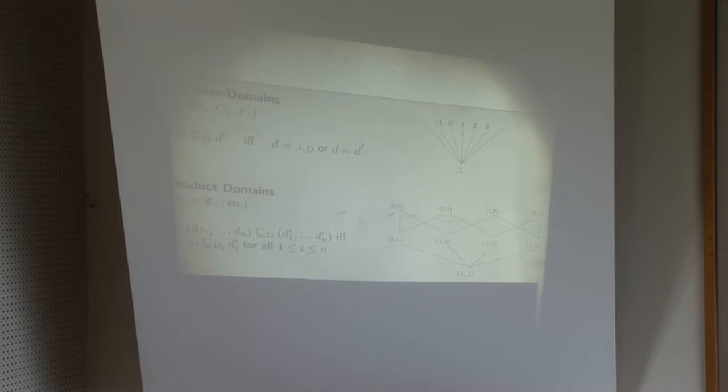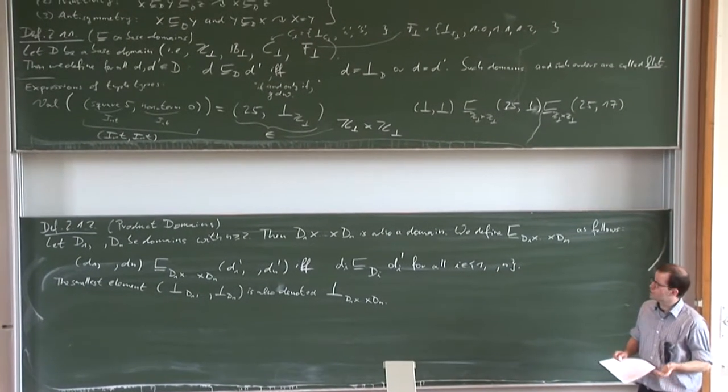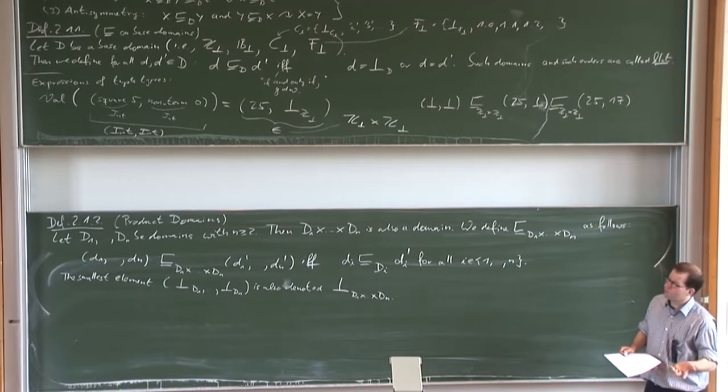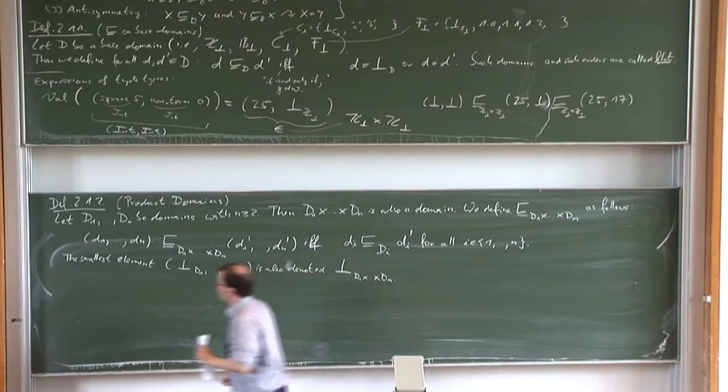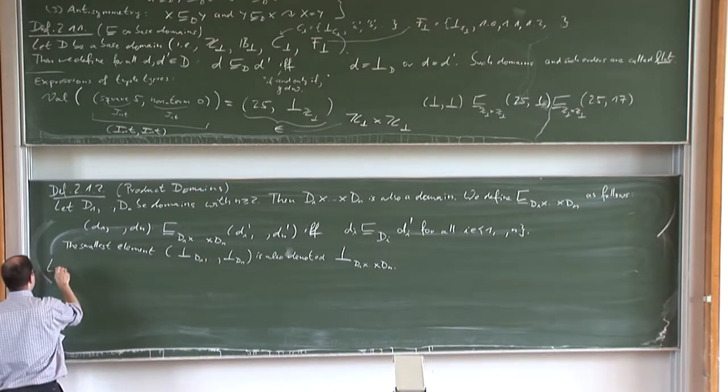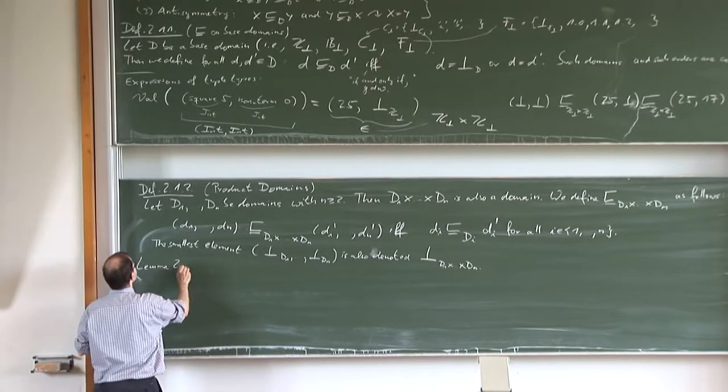Well, we had this nice property of this less defined or equal relation. We had these nice properties for base domains, namely it's a reflexive order. Now this also holds for product domains. And that's lemma 213.